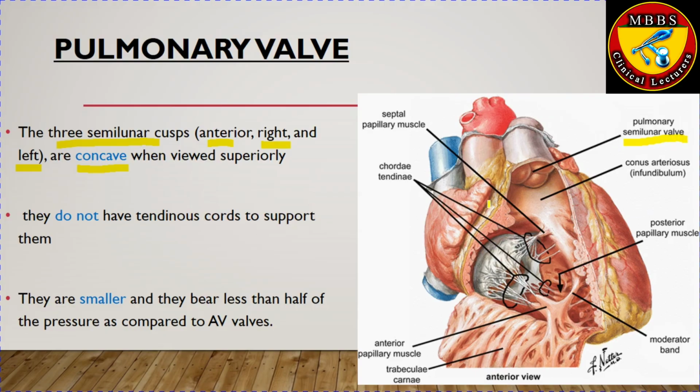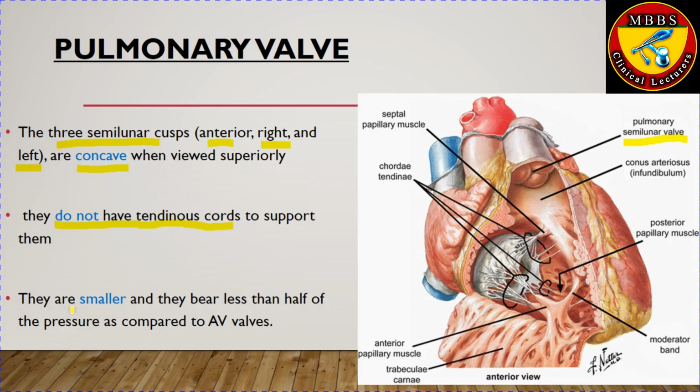Another thing you have to appreciate in this figure is that the pulmonary semilunar cusps do not have tendinous cords to support them. They are only attached to the fibrous rings.